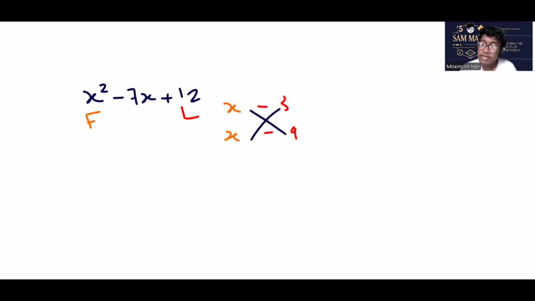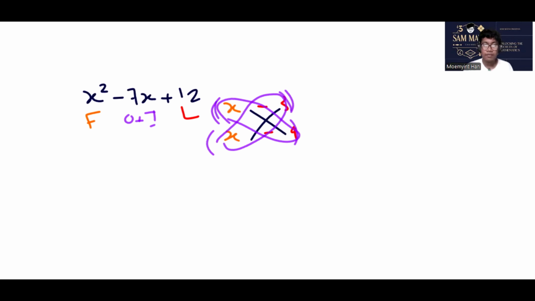We use this cross to multiply and combine, and this diagonal to take the terms. So you're supposed to take terms diagonally, and you're supposed to multiply and combine in a cross manner. Okay? So minus 3x and minus 4x will become minus 7x. So I think this is working.